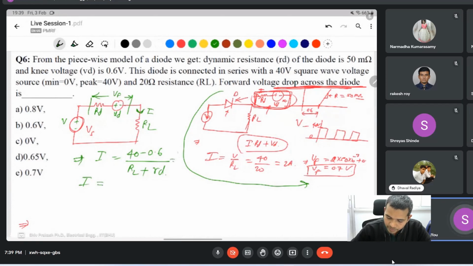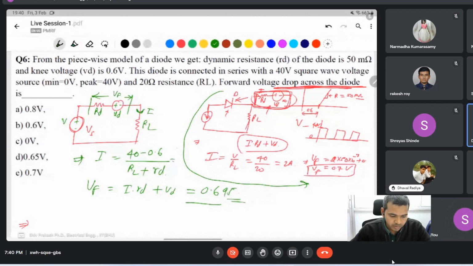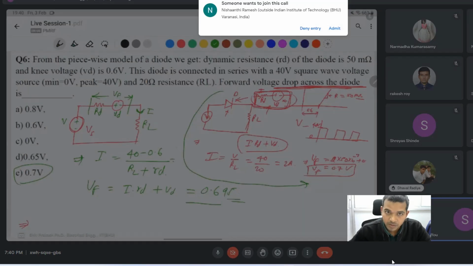Then find the current from here, and after that find the forward voltage as I into RD plus VD. The exact value is, I think, 0.695 something. You calculate once what the exact value is. The approximate value is 0.7 volt, not exactly 0.7 volt.